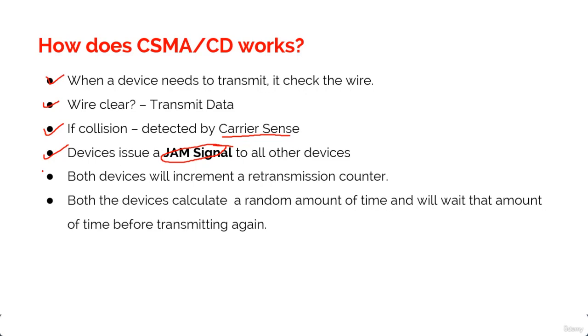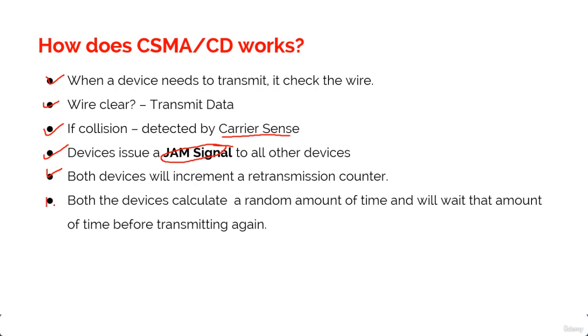Then both of the devices will increment a retransmission counter. This is a cumulative total of the number of times this frame has been transmitted and a collision has occurred. The counter has a maximum number at which the device aborts the transmission of the frame.